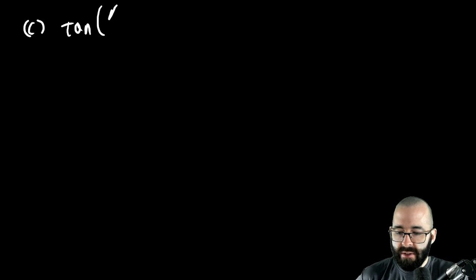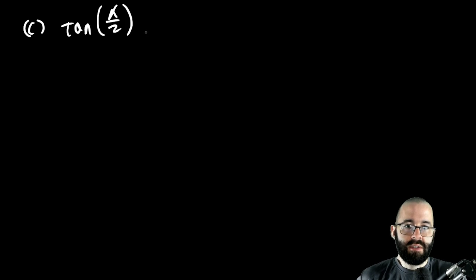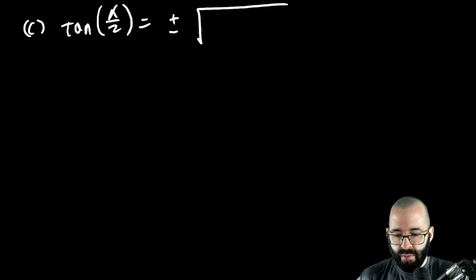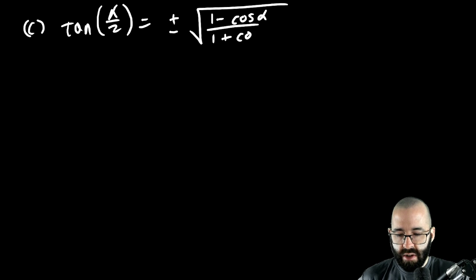And then finally, tangent is just sine over cosine. So the tangent of alpha over 2 should just be those two answers that we have. But if we wanted some practice, we do the square root of 1 minus cosine of alpha over 1 plus cosine of alpha. Tangent in the second quadrant is negative.